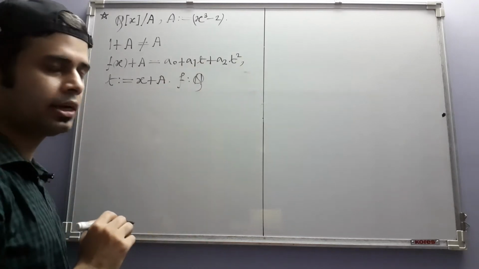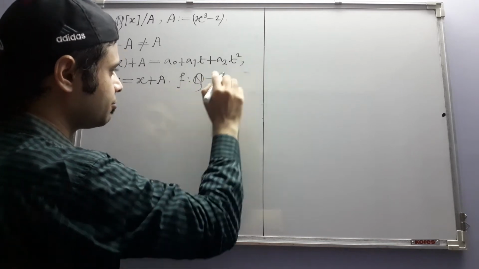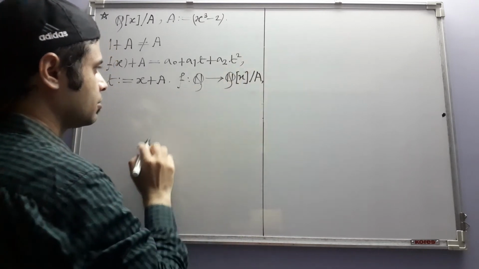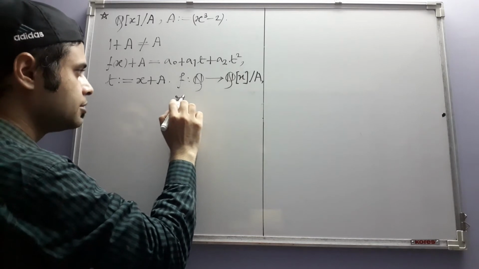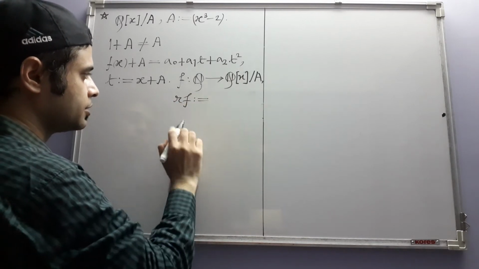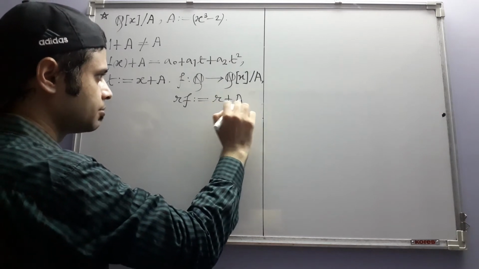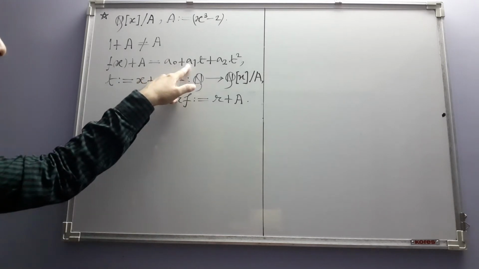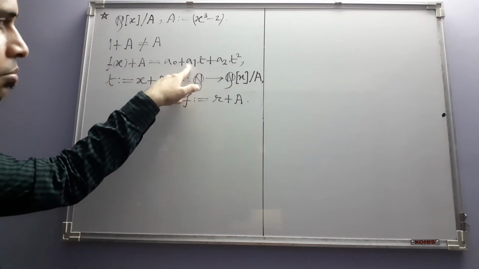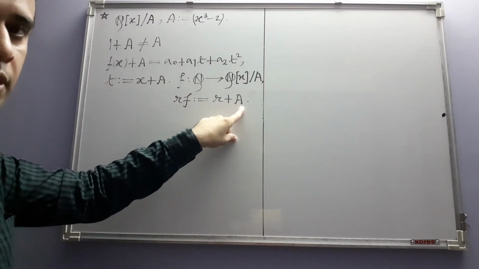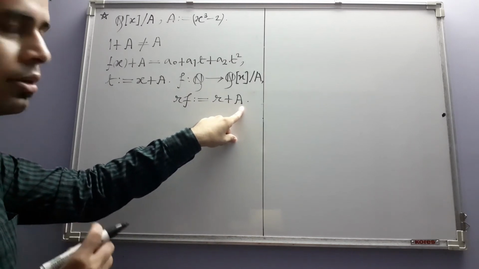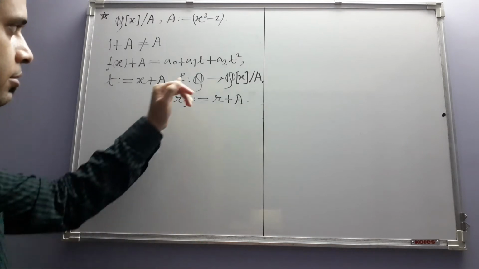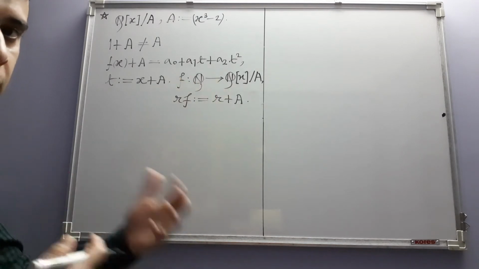It makes sense only when you also recall that we were able to find an embedding of the field of rational numbers into this quotient, and the specific embedding was this: if r is a rational number, then its F image is the coset r plus A. The fact that this function is an embedding tells us that whether we treat a1 as a rational number or as the coset a1 plus A, it does not matter, because elements like this in this quotient behave just like the rational field because they are isomorphic.